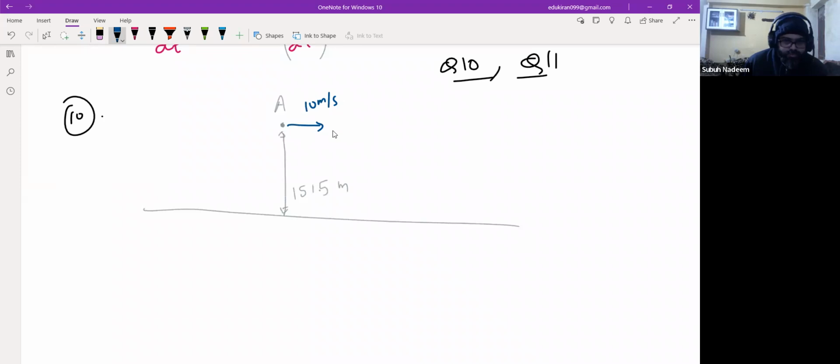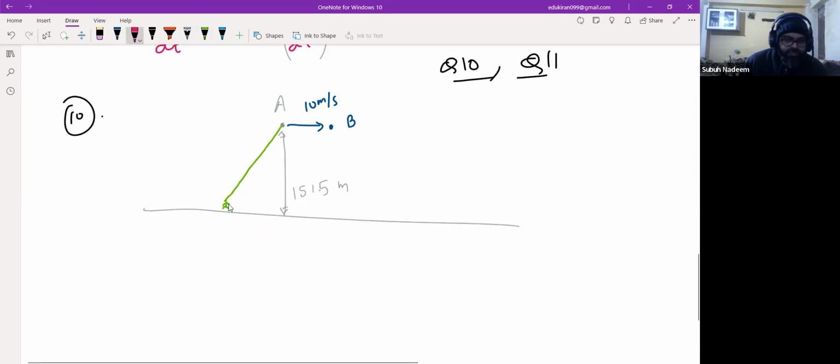So suppose it is moving to this place B. So the person who is flying the kite is stationary like this. This is the person here. And the kite is right now having this position.